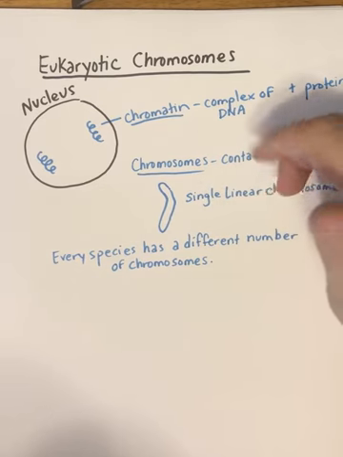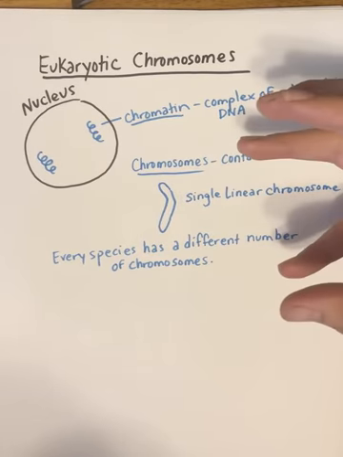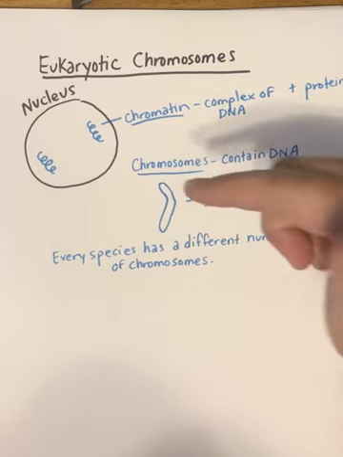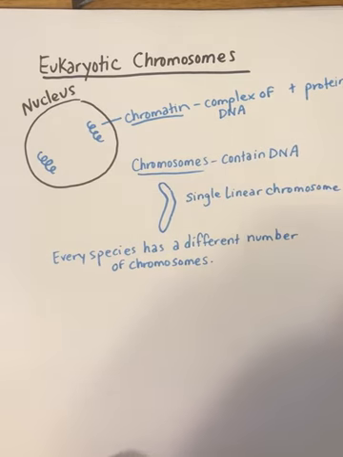Now, we have to replicate our chromosomes before our cells can divide. So when we talk about chromosomes, chromosomes are basically going to divide into what we call sister chromatids.